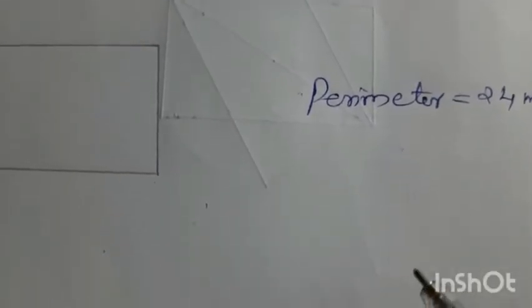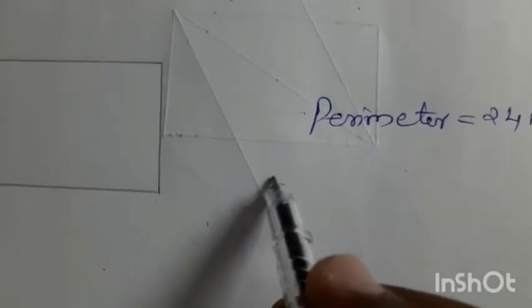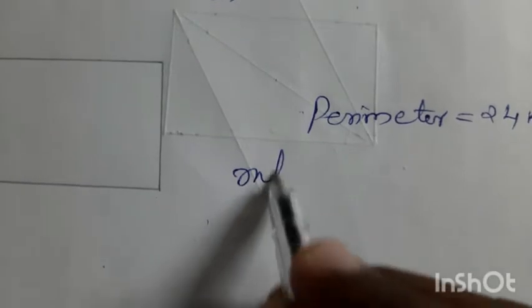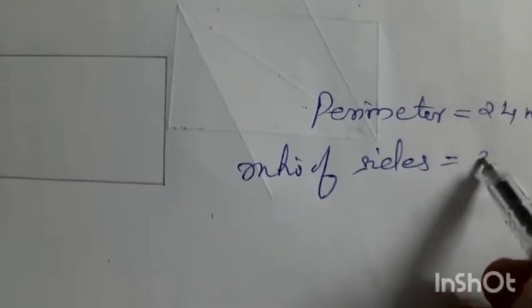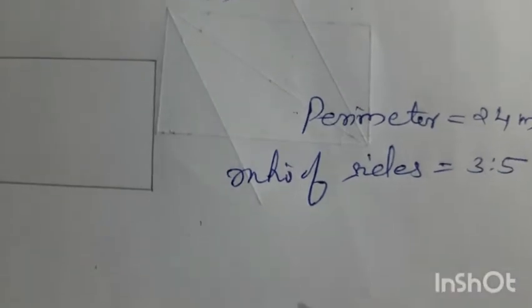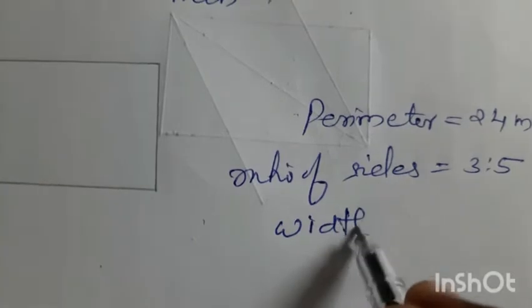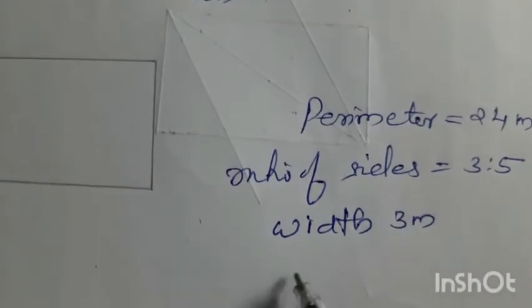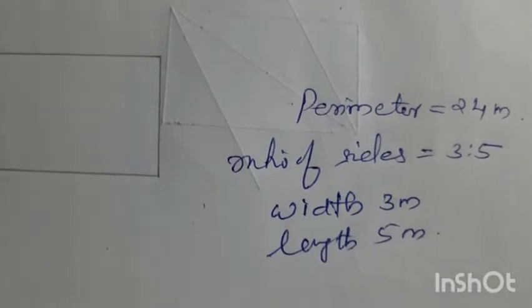Then if you consider the ratio of sides given in the question, that is 3:5. That means if you are taking the width as 3 meters, the length we can consider as 5 meters.